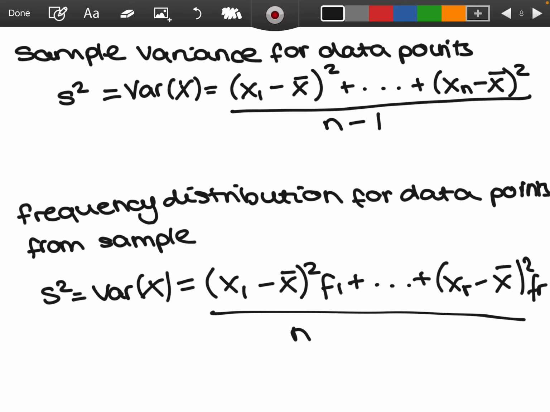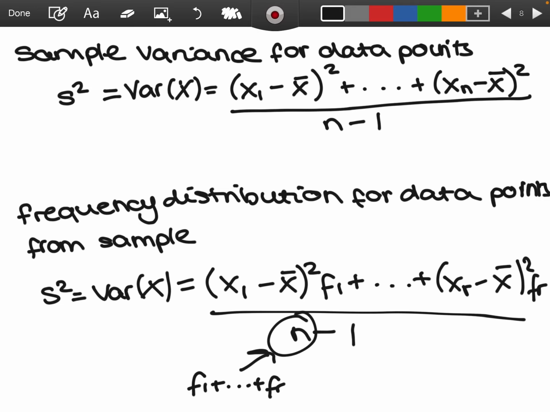So remember, the number of things is going to be all of your frequencies added together. So you're going to do f1 plus f2 plus all the way through to fr, minus 1. So n here is just going to be the sum of those frequencies.